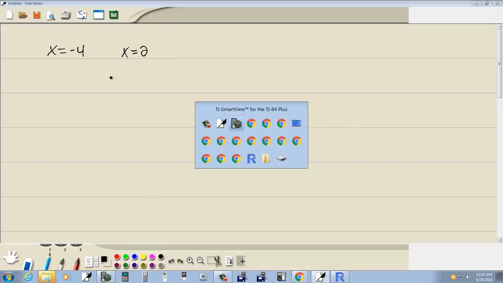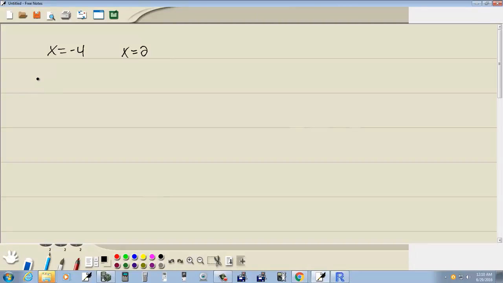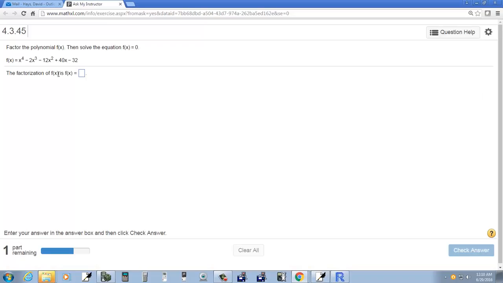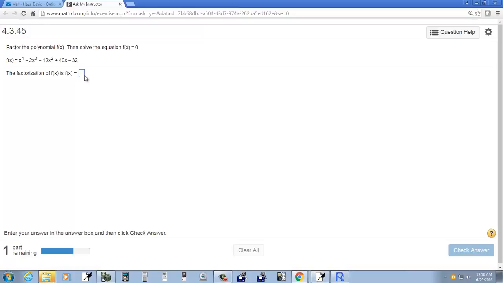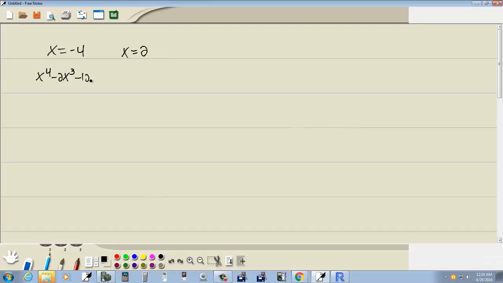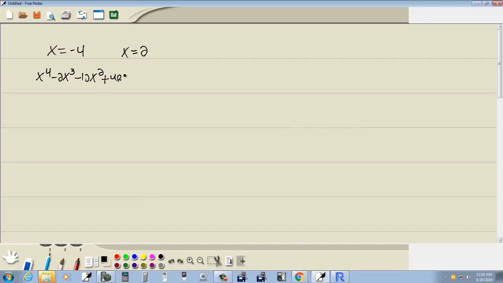Now this problem was x to the 4th. So specifically we got x to the 4th minus 2x to the 3rd minus 12x squared plus 40x minus 32. And we're going to take the answers the calculator gave us, and we'll plug them into synthetic division.